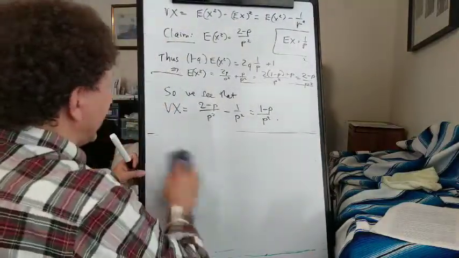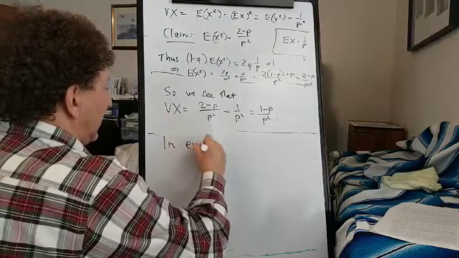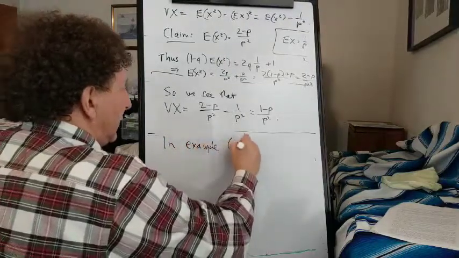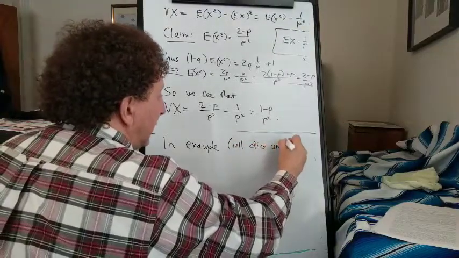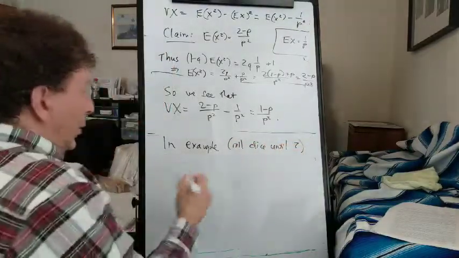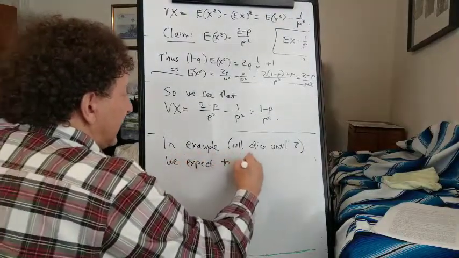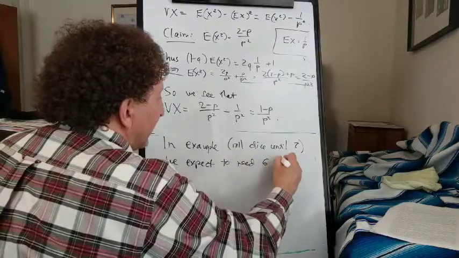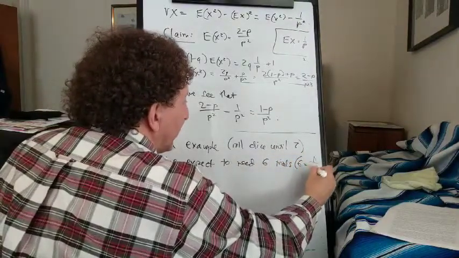So in the rolling dice until we get a 7 example, we expect to need 6 trials because 6 is 1 over 1/6.